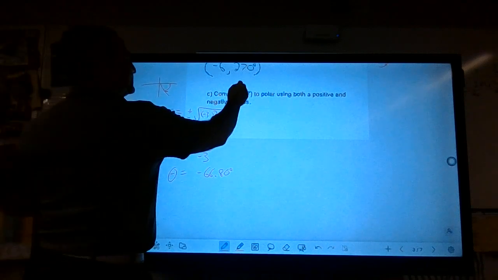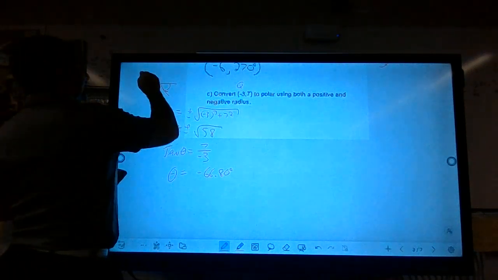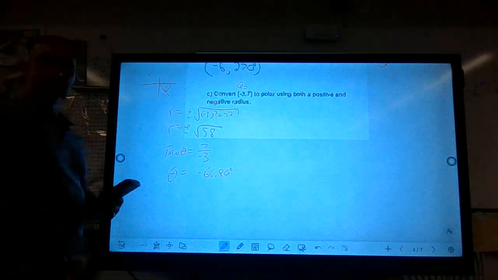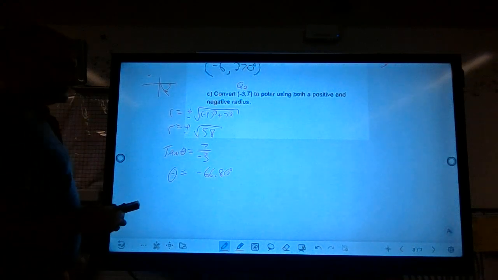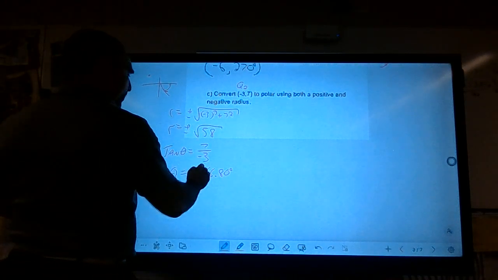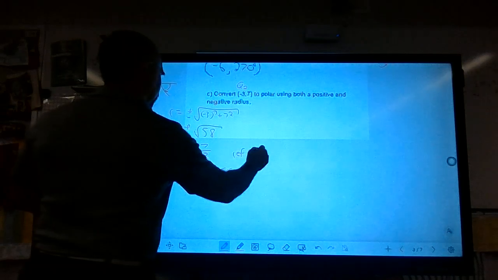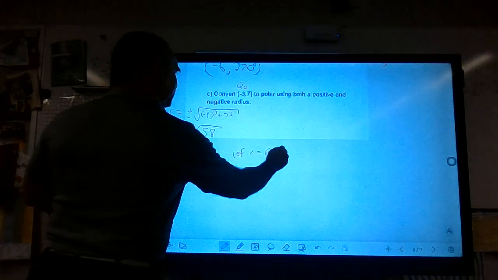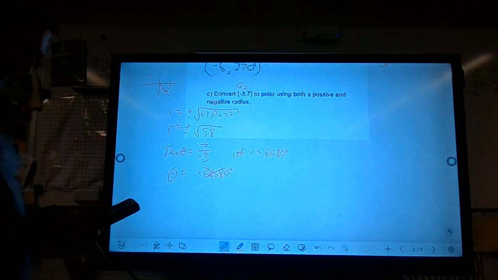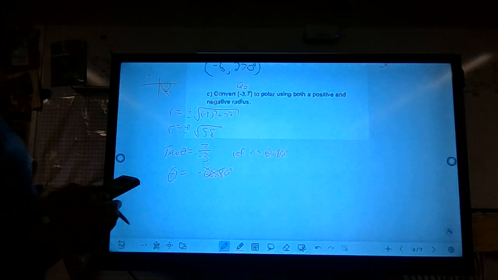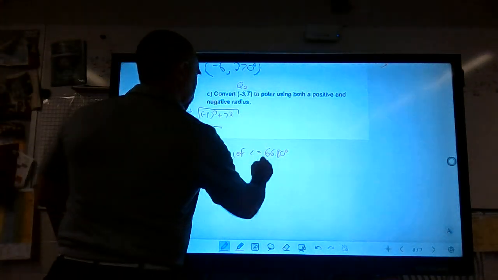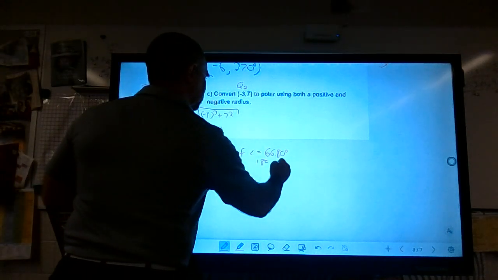But where is negative 3, 7? Negative 3, 7, that's a quadrant 2 angle. So use your knowledge of reference angles, wipe off that negative, write down ref angle if you have to, 66.8, and apply that to the second quadrant. Subtract that from 180, 180 minus 66.8.